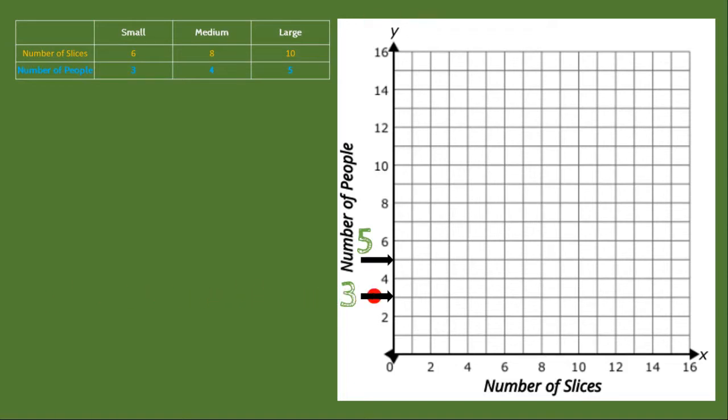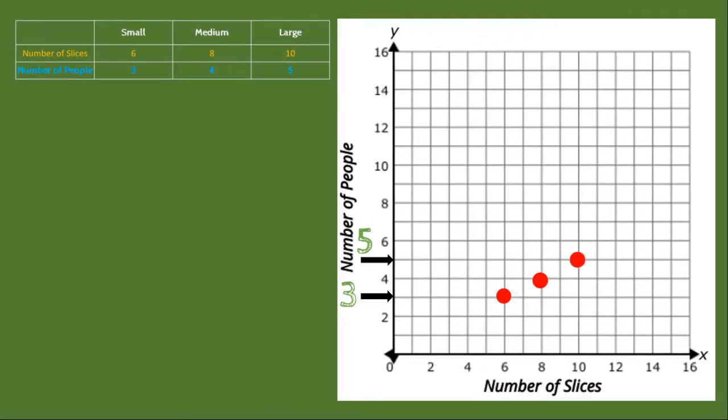So we plot our first point. Our first point is the number of slices is 6, so we go all the way to the number 6 in the x-axis, and number of people, which is 3, and we go up 3 units up that graph, and we mark our first point. Our second point is the number of slices 8, so we move on to 8, and number of people, which is 4, and we move up 4 places.